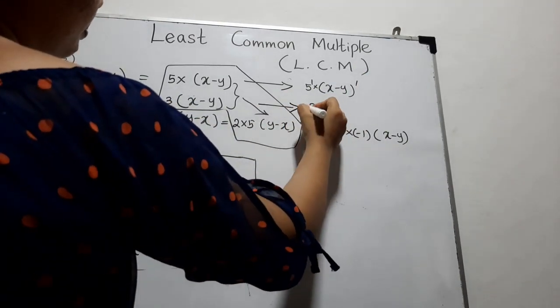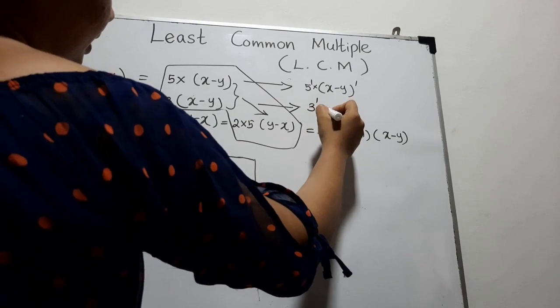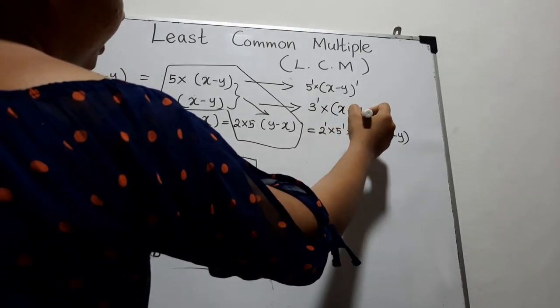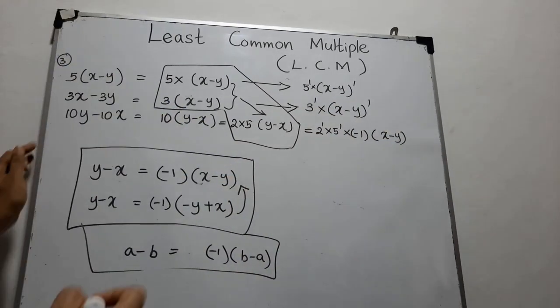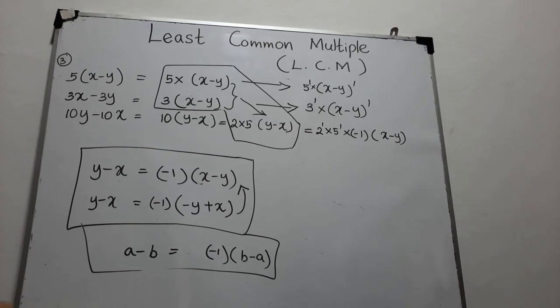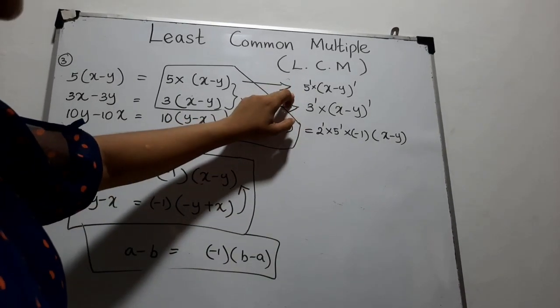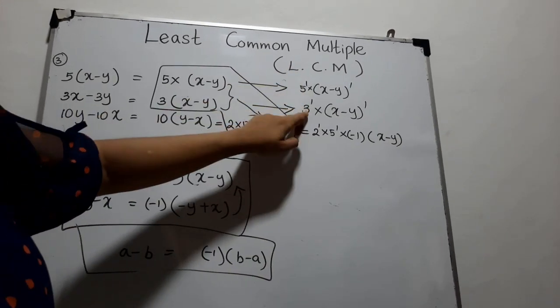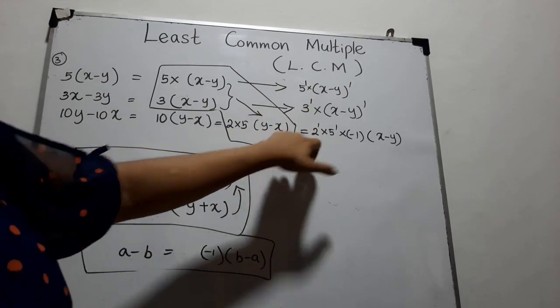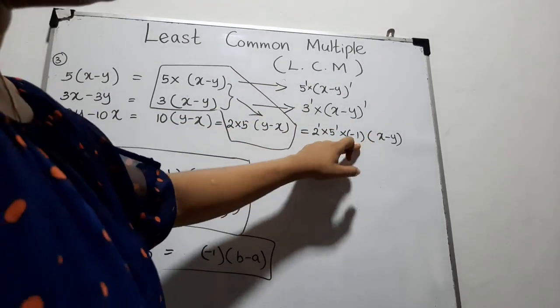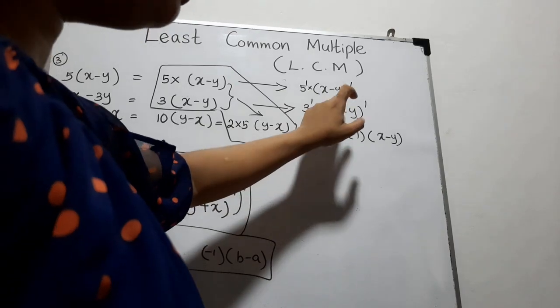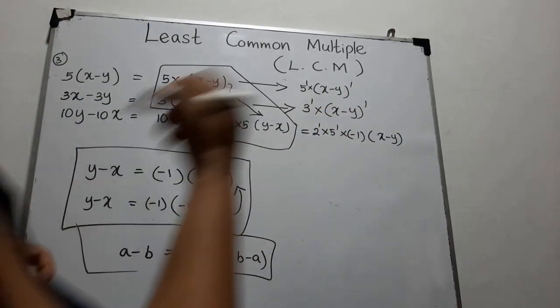Here 3 to the power 1 into x minus y to the power 1. Now let's see the distinct factors of them. Here 5 to the power 1, 3, 2, as well as minus 1 is also a factor. x minus y, those are the distinct factors.